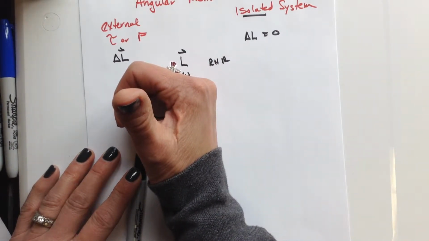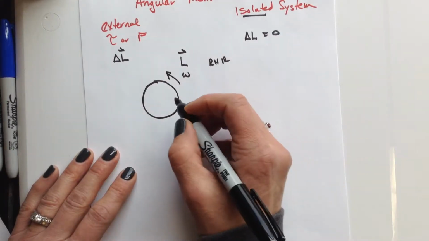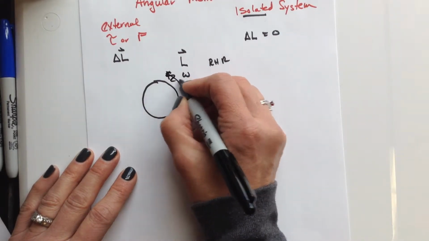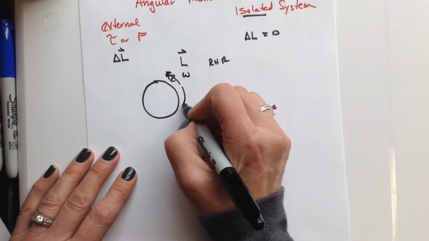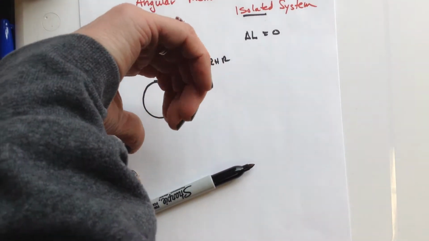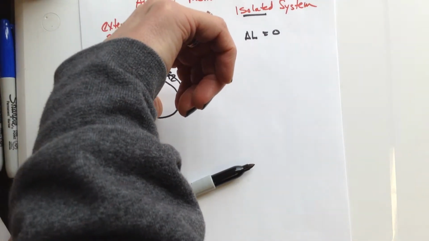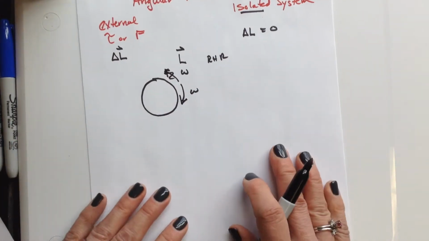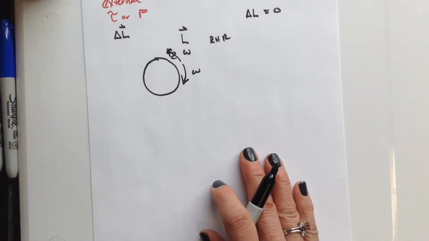So in this case, it would be directed outward. Similarly, if we had something rotating the other way, fingers follow the direction of rotation, now my thumb is pointing into the page.